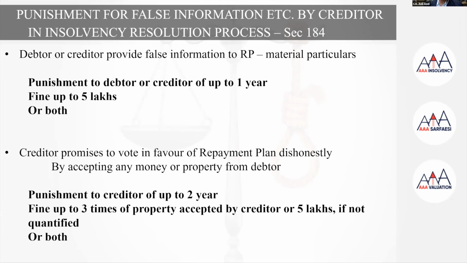Under section 184, where the debtor or creditor provides false information to the RP, there is a punishment of 1 year for the debtor and the creditor, and a fine up to 5 lakhs, or both. When the creditor promises to vote in favor of the repayment plan dishonestly by accepting any money or property from the debtor, there is a punishment of 2 years or a fine up to 3 times the property accepted by the creditors, or both.